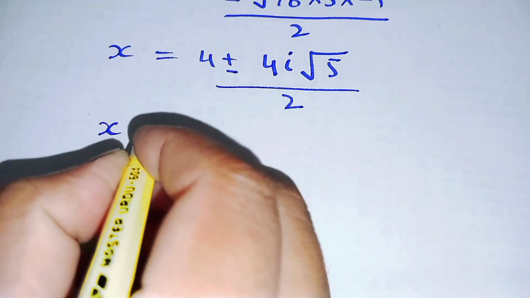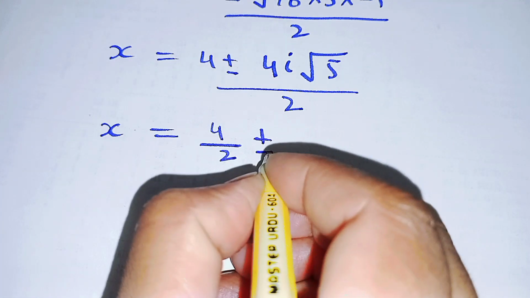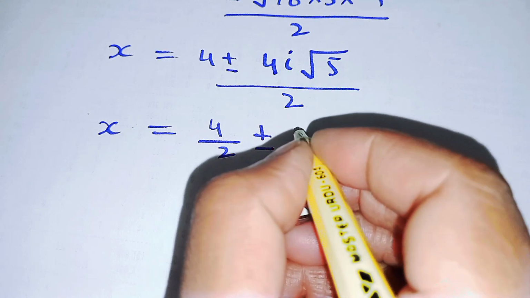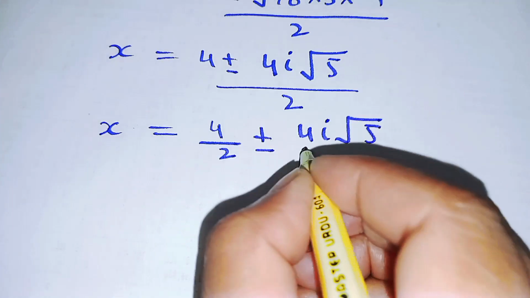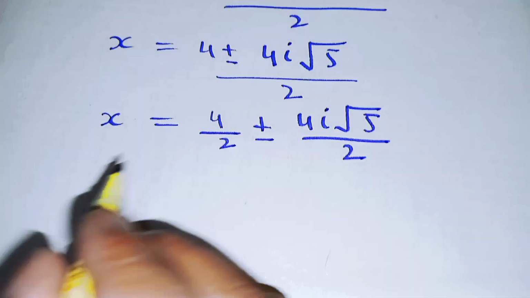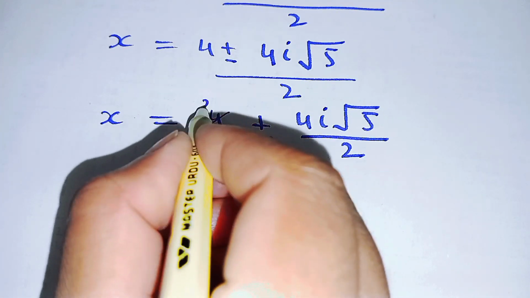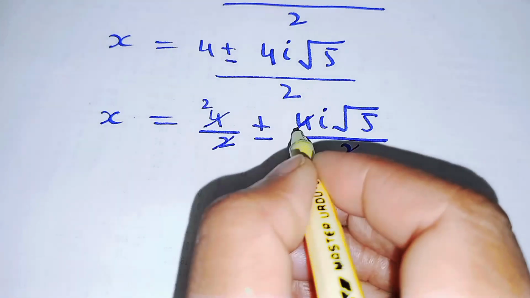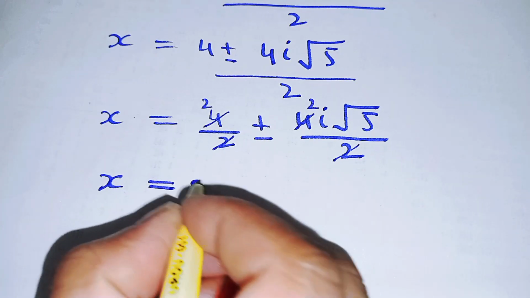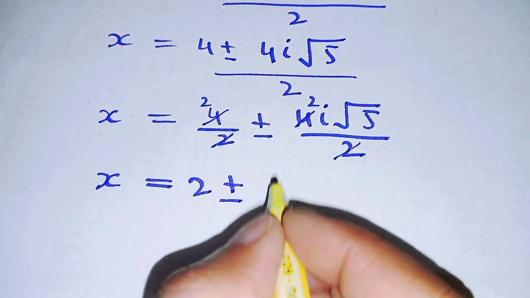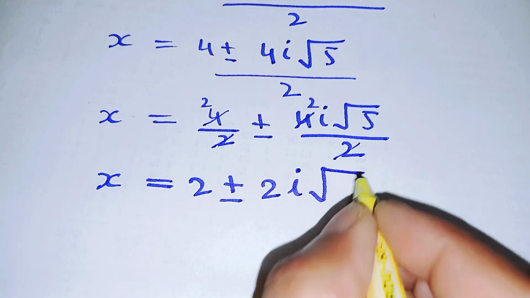Then x is equal to 4 over 2 plus minus 4i square root of 5 over 2. Dividing by 2, the remaining is x is equal to 2 plus minus 2i square root of 5.